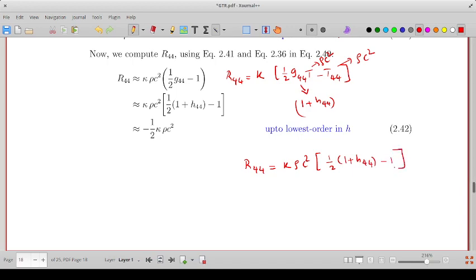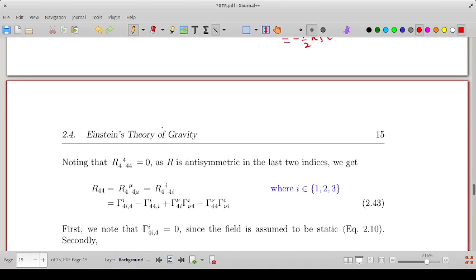The h44 is a term of order h, so that can be neglected compared to the term of order 1. So the result of neglecting this term is half minus 1, so minus half. So the result is minus half K rho c square. So up to lowest order in h, R44 is equal to minus half K rho c square.